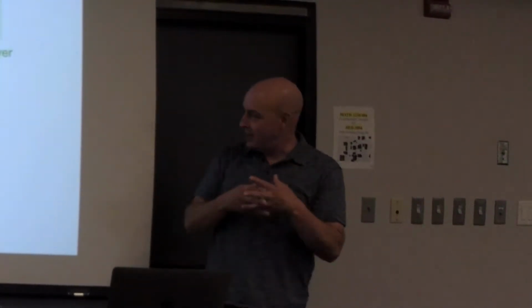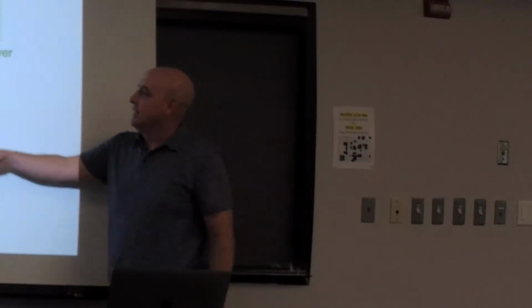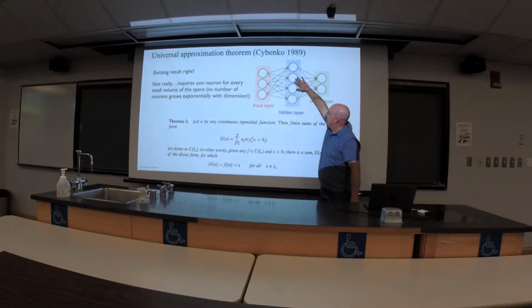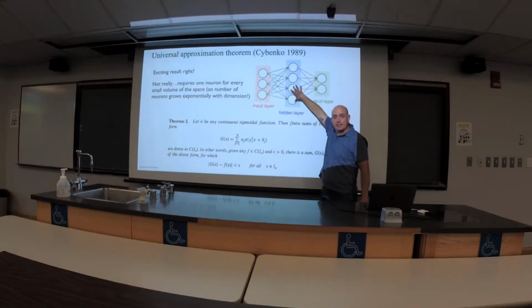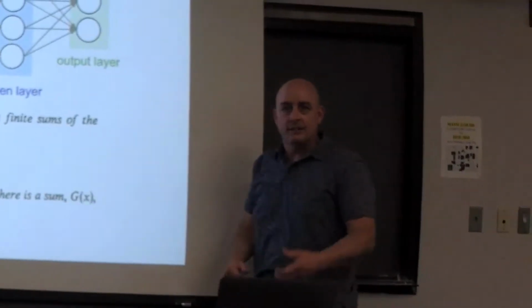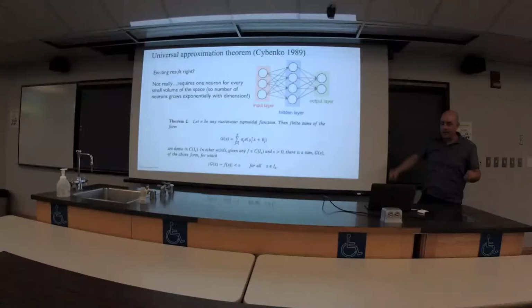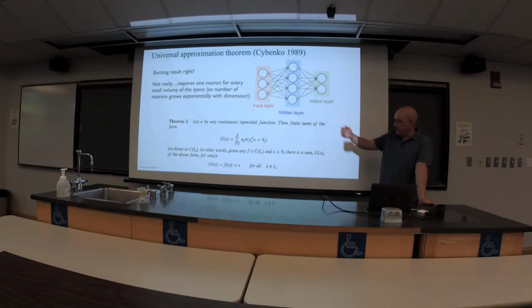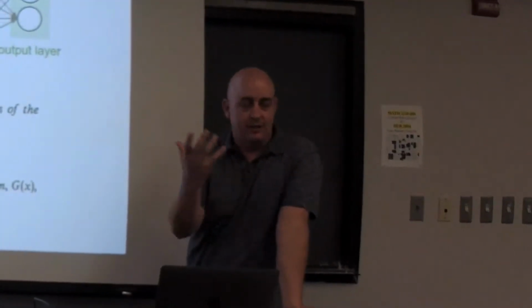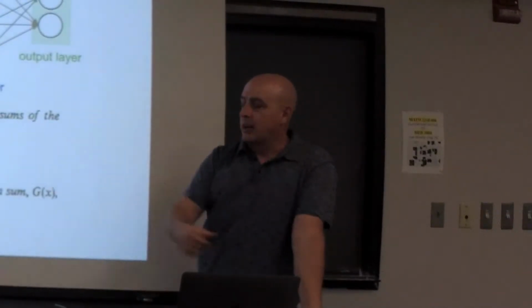It's not really an exciting result, and the reason is that the size of this hidden layer typically has to grow to be huge. It needs to be exponential in the input dimensions to be able to approximate our continuous function well enough.